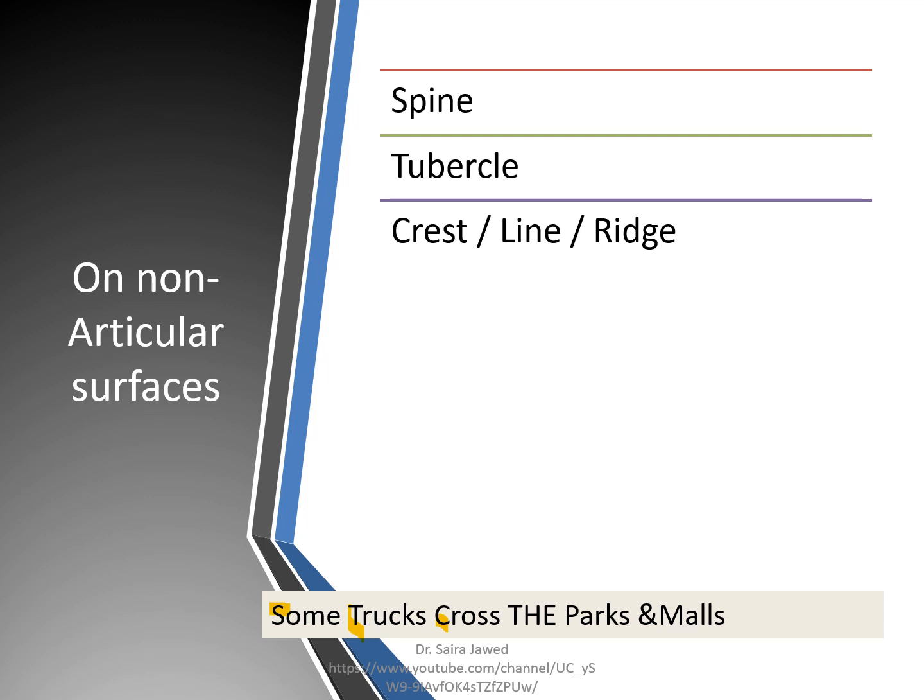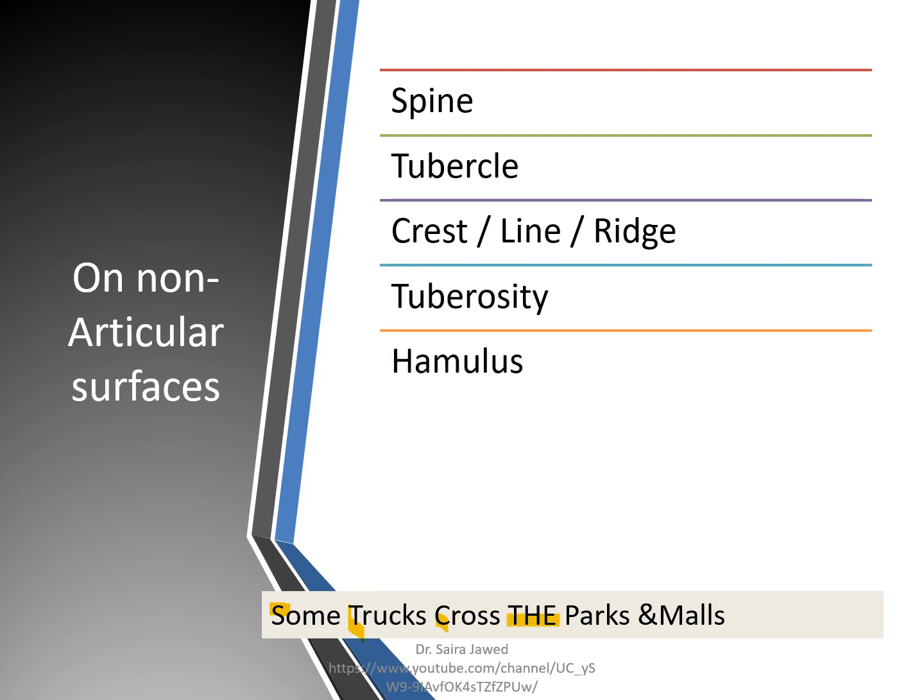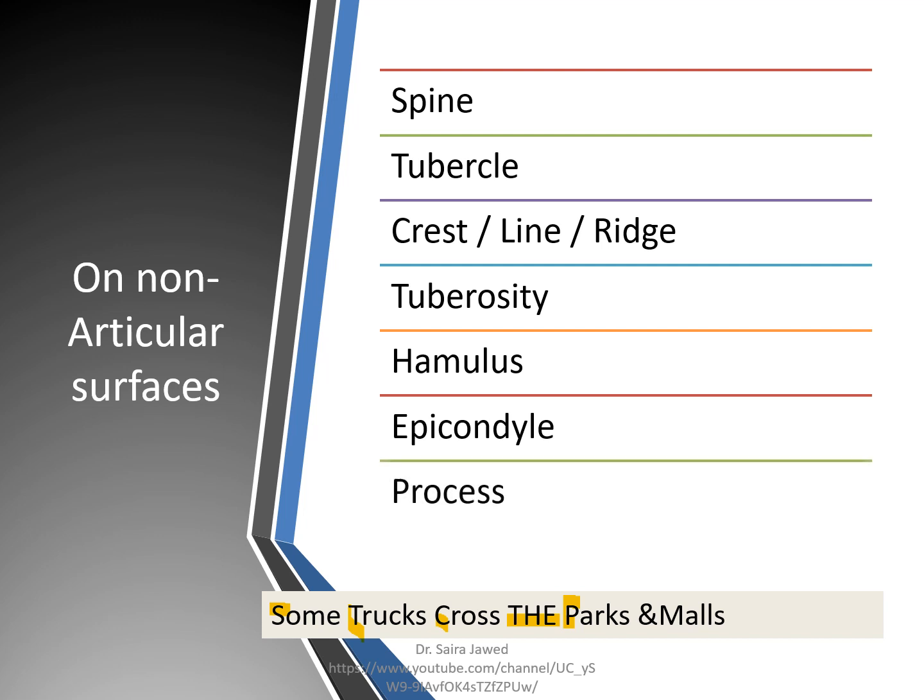And here the whole T, H, and E represent tuberosity, hamulus, and epicondyle. The P in parks is process, and M in malls is malleolus.